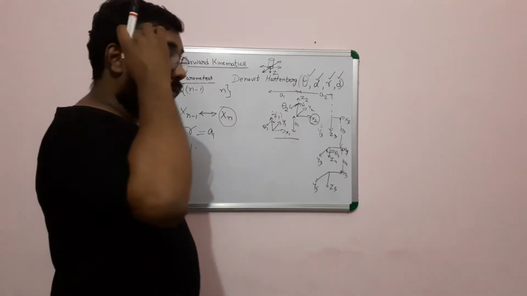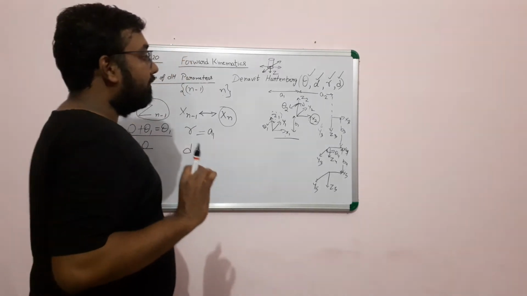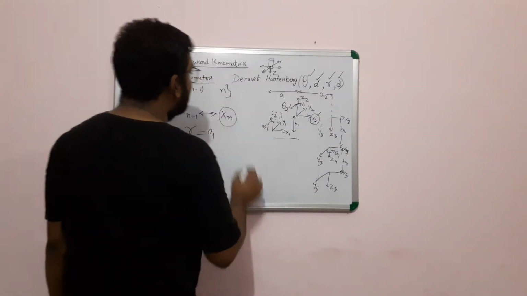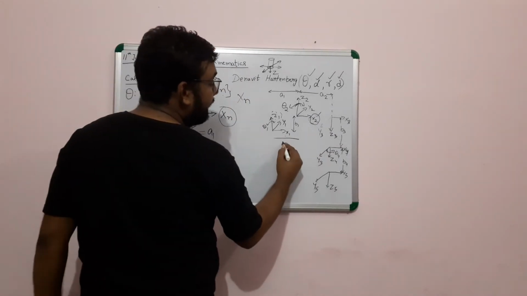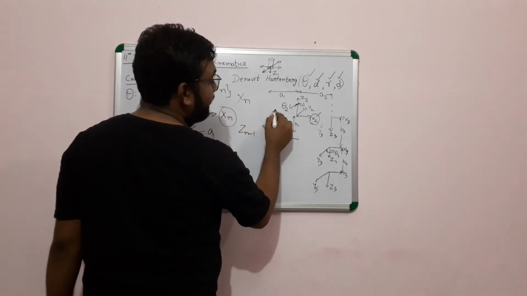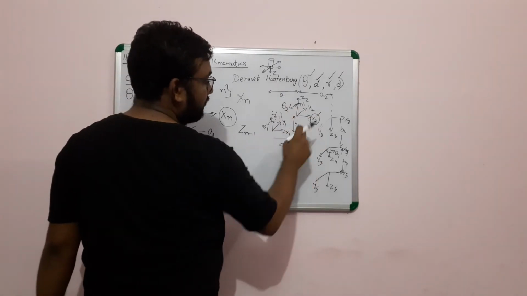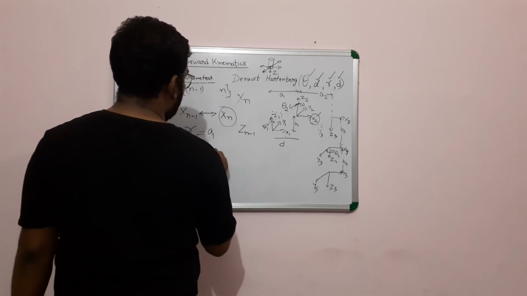So this is one thing which we need to be careful about. When we calculate r, it is in the x2 direction, means xn direction. But when we calculate d, it is in the zn minus 1 direction, means z1 direction. So in z1 direction, what is the difference between these two centers? It is given as d1. So we can write here equals d1.